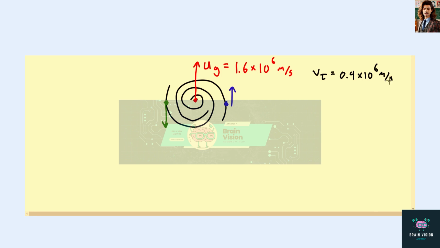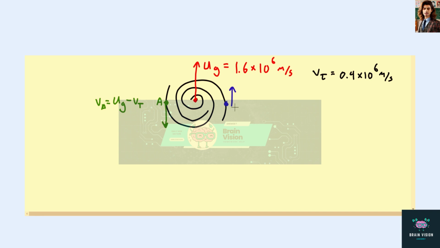Now that tangential speed is relative to the center, so when it's moving away from the center, like over here at point A, velocity of A is opposite the direction of the galactic motion. So it's speed of the galaxy minus that tangential velocity.